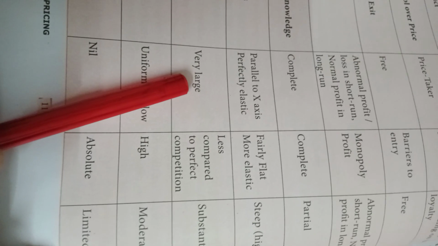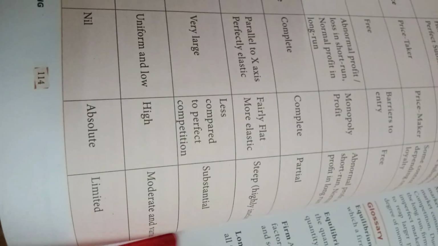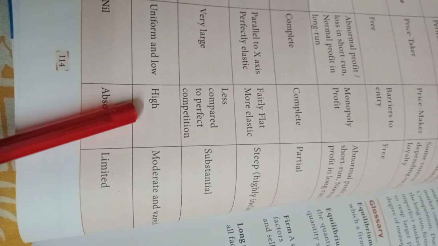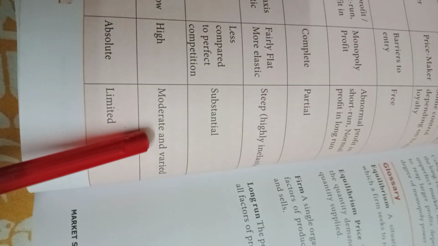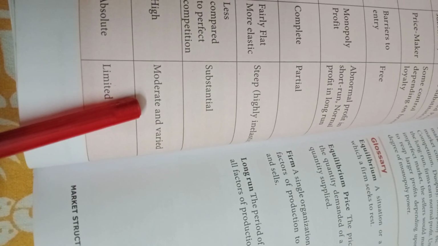Again, quantity. A larger quantity of output is sold under perfect competition. Here, it is less compared to perfect competition. Under perfect competition, the price is uniform and the price is less also. But under monopoly, the price is very, very high. Whereas under monopolistic competition, the price is moderate and it varies also.